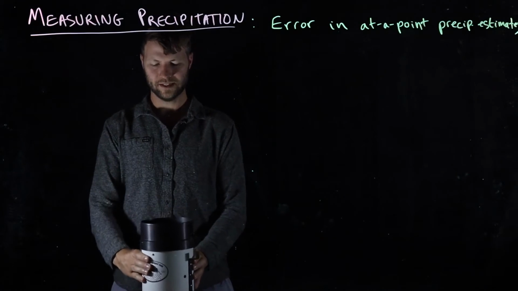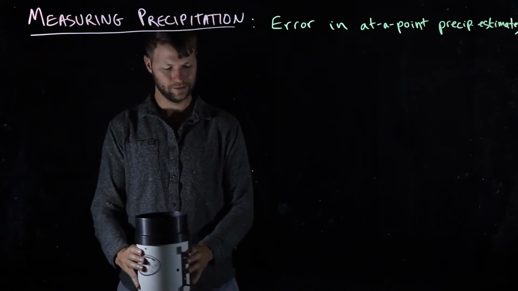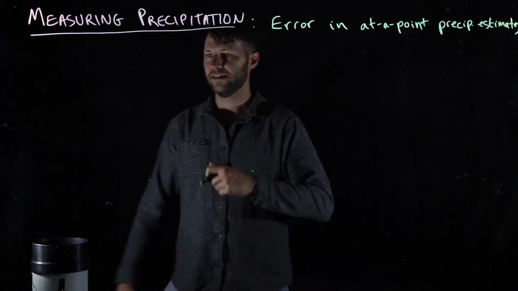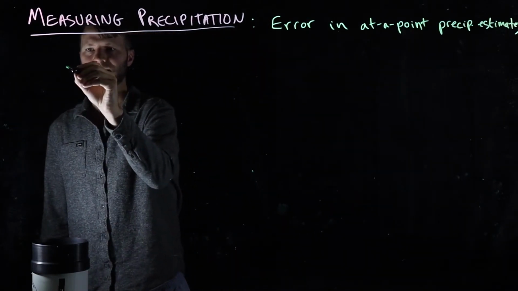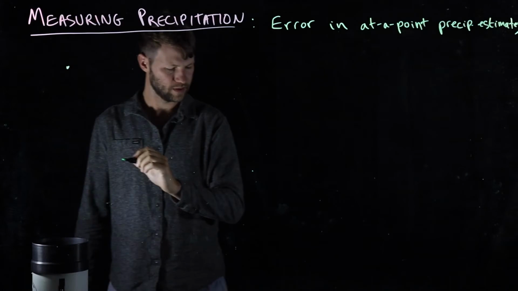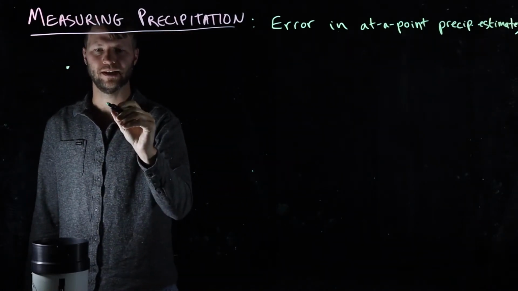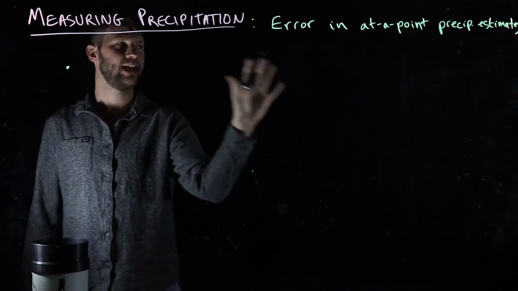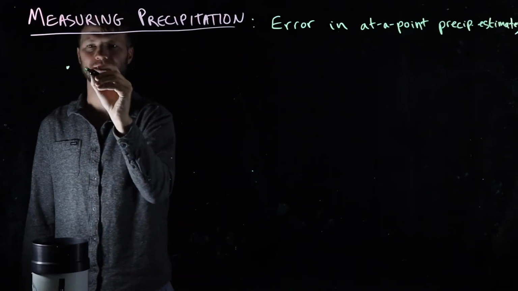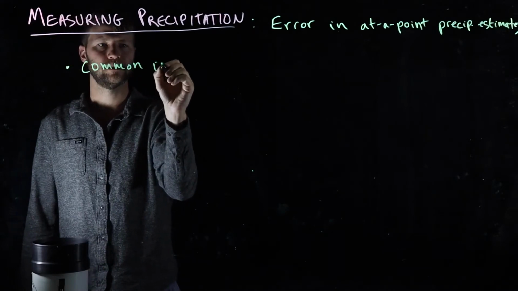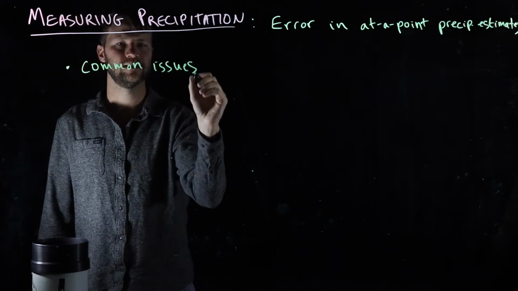So what are the ways that this thing can be in error? Well, the first one is that there may be obstructions that block the rain from getting in here. And I'm going to categorize all of these error things as common issues because they're things that everyone needs to deal with.